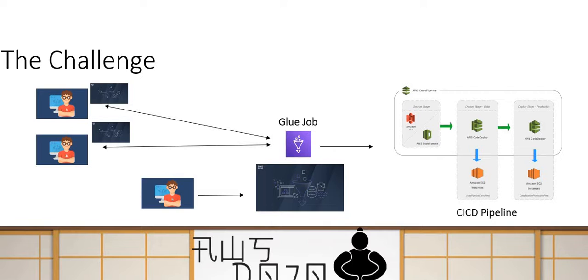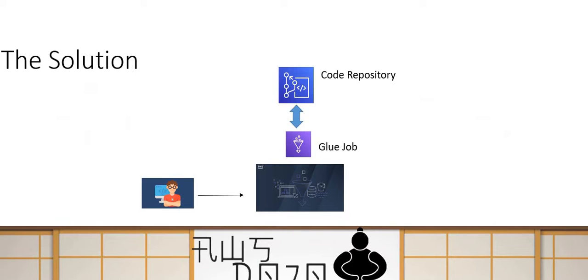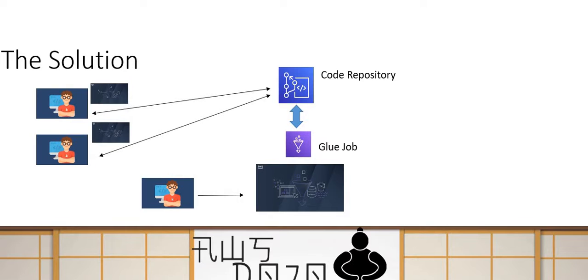So when you have this kind of requirement, you need to integrate a code repository. You need to have integration of code repository with Glue Studio, so that whatever Glue job you write, you can store and version control in the code repository, and then using that code repository, other developers can also check in their part of work to the job.